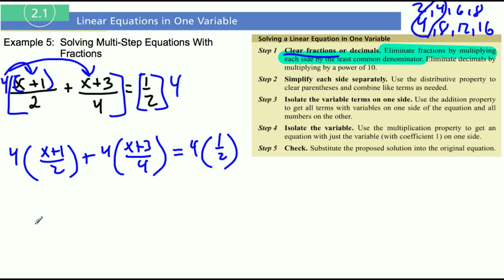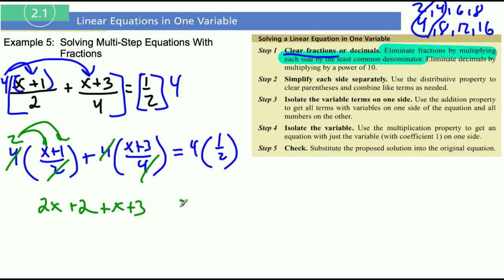Okay. So check this out. Look at what happened. This is so rad. You're going to be like shouting for joy right now. 2 goes into 4 2 times, which got rid of the denominator. So 2 times x is 2x. 2 times 1 is 2. Again, right here, 4 goes into 4 1 time, so those cancel out. And now I'm left with just x plus 3.